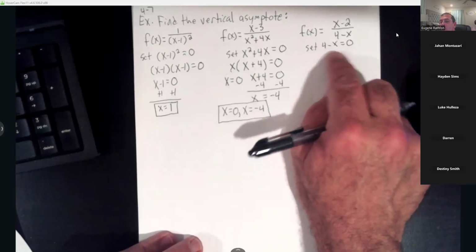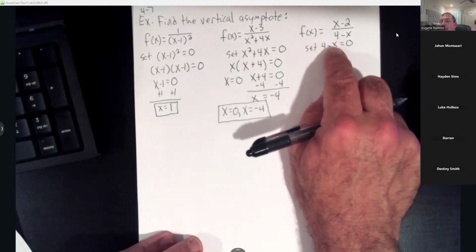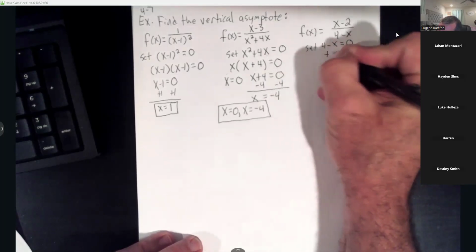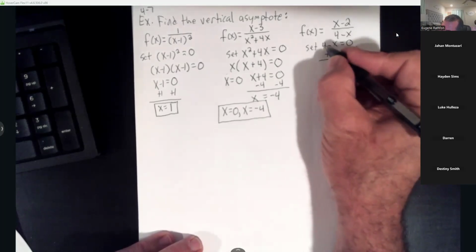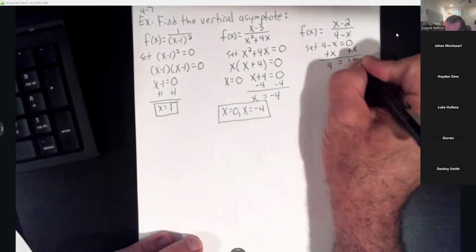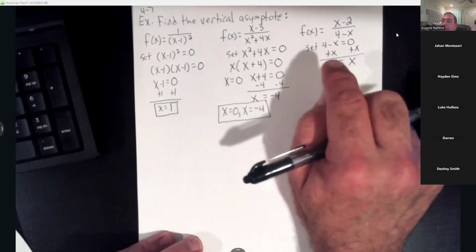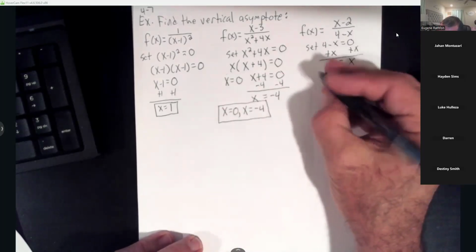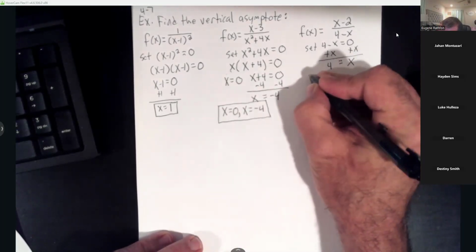But let me show you the quickest way to do this. I've got a number over here, and this variable is negative on this side. I'm just going to add an x, which would get a 4 over here. Those cancel, and 4 equals x. But guess what? 4 equals x is the same thing as x equals 4. So my answer in MATLAB is x equals 4.